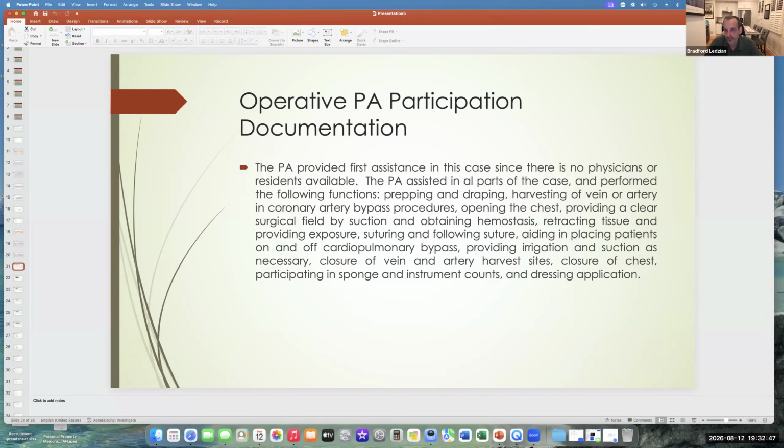The PA assisted in all parts of the case and performed the following functions: prepping and draping, harvesting the vein and artery in coronary bypass procedures, opening the chest, providing a clear surgical field and suction by obtaining hemostasis, retracting tissue and providing exposure, suturing and following suture, aiding in placing patients on and off cardiopulmonary bypass, providing irrigation and suction as necessary, closure of vein and artery harvest sites, closure of chest, and participating in sponge and instrument counts and dressing application, right?